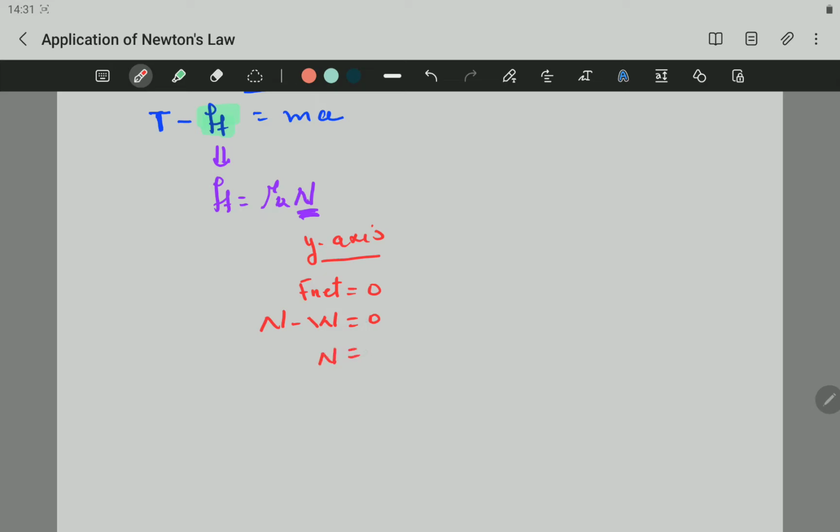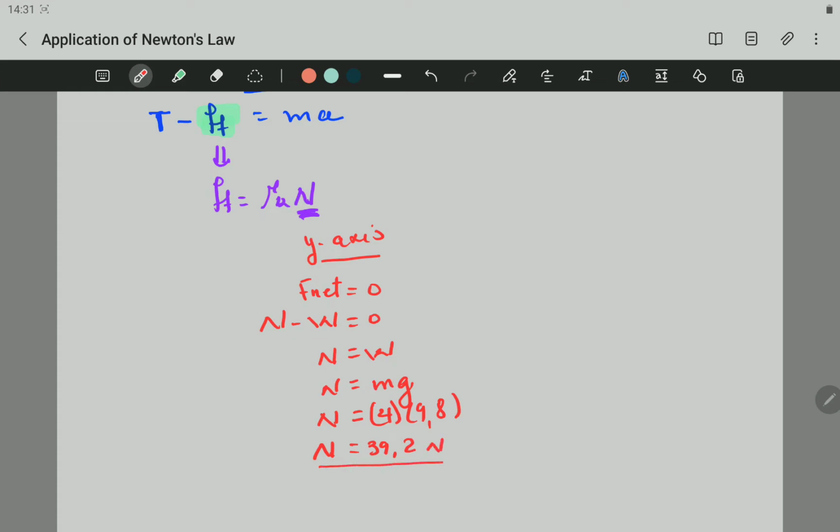Normal is equal to W, so normal is equal to mass multiplied by acceleration due to gravity. Normal is equal to 4 kilograms multiplied by 9,8, and the answer for normal is 39,2. You can check the calculation, make sure it is properly calculated.